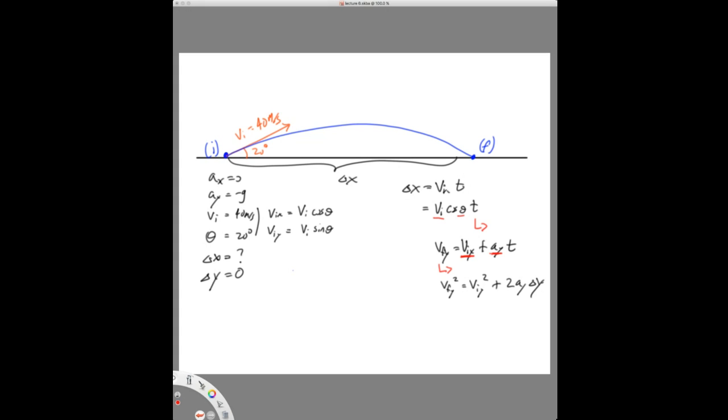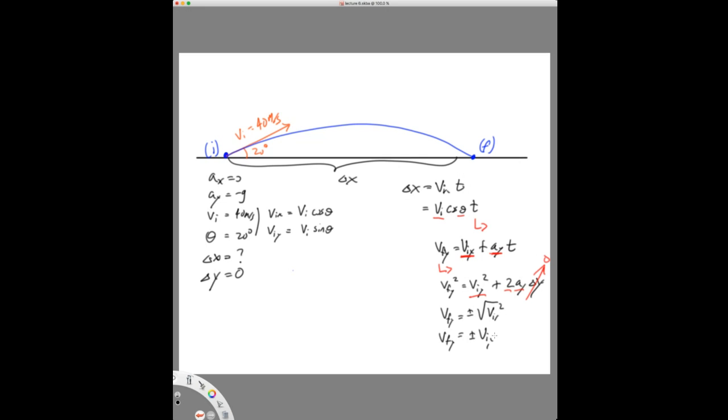Check, do we know enough stuff? Do we know VIY? Yes, in principle. Do we know AY? Yes. Do we know 2? Yes. Do we know delta y? Yes, and it's 0, so it cancels out. And that means VFY is equal to plus or minus the square root of VIY squared. In other words, it's just plus or minus VIY.